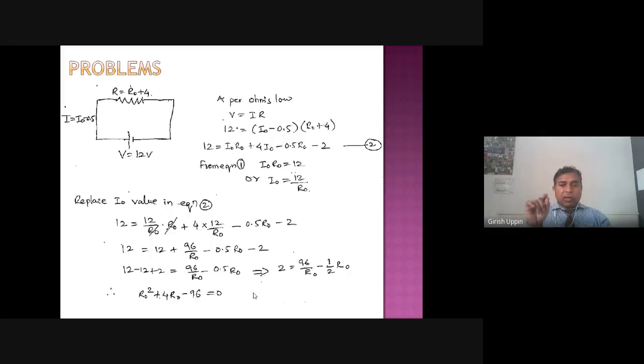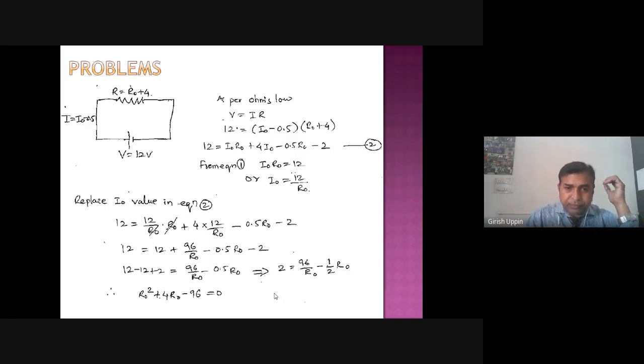So put in the formula: R naught is equal to minus b plus or minus square root of b square minus 4ac divided by 2a. So a is 1, so it is divided by 2. You have to use plus to find the first root, minus to find the second root. So you have to use the plus and minus to get the two roots.